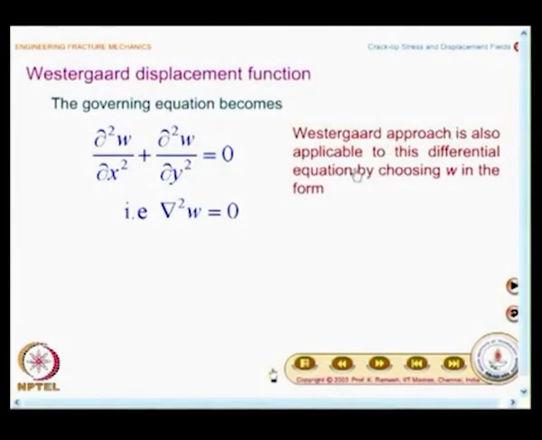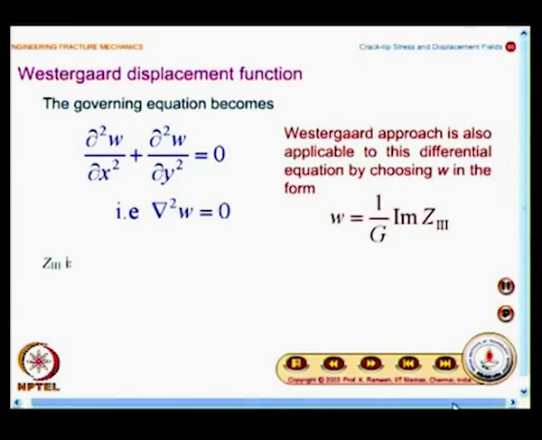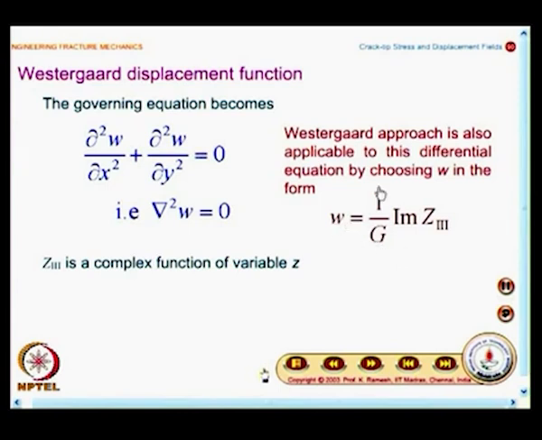Westergaard approach is also applicable to this differential equation by choosing w in the form w equal to 1 by g imaginary part of Z3. And we have to know what is Z3.